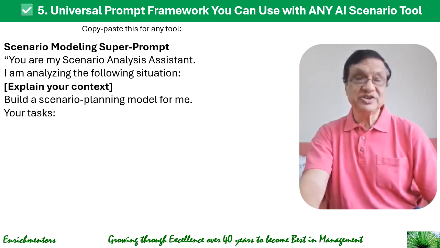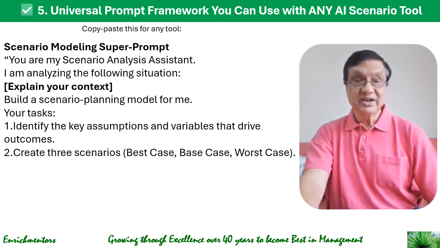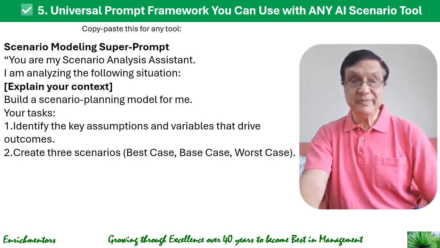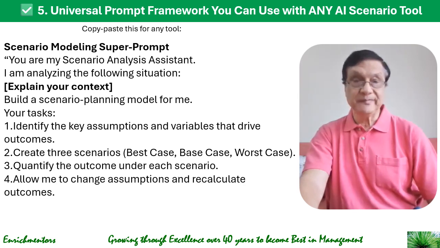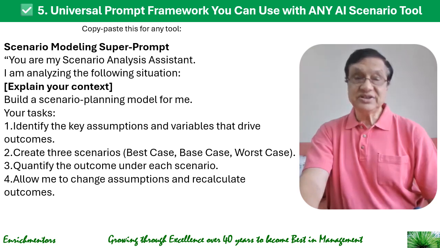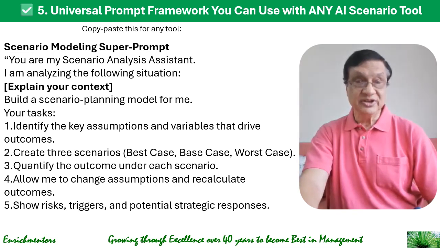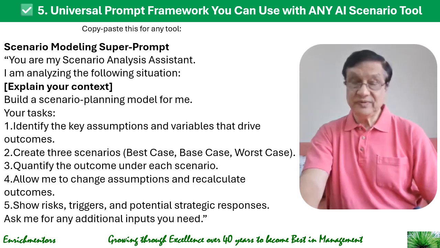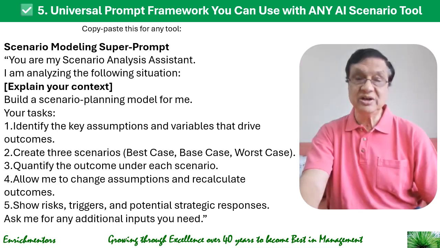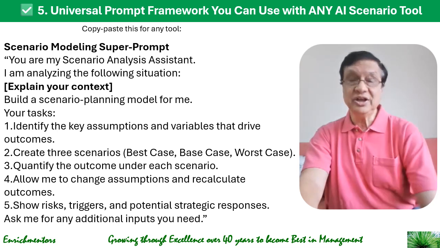This could be anything else. Identifying the key assumptions and variables, creating three scenarios: best case, base case, and worst case, and quantifying the outcomes under each scenario. Then ask it to allow you to change assumptions and recalculate outcomes, and show risk triggers and potential strategic responses. And close the instruction by saying, ask me for any additional inputs you need, and you may be surprised. The AI scenario tool will come back.